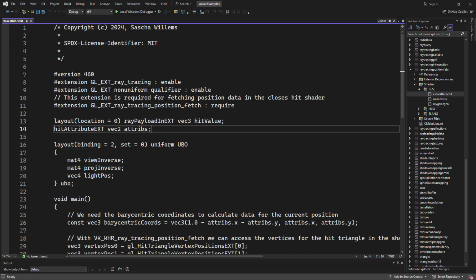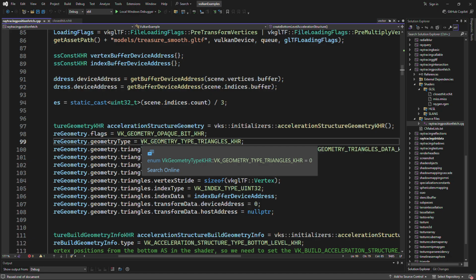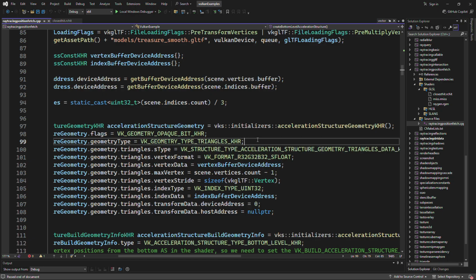The reason we have access to these weights in the attributes variable is because in the actual source code, we have this VK geometry type triangles KHR.